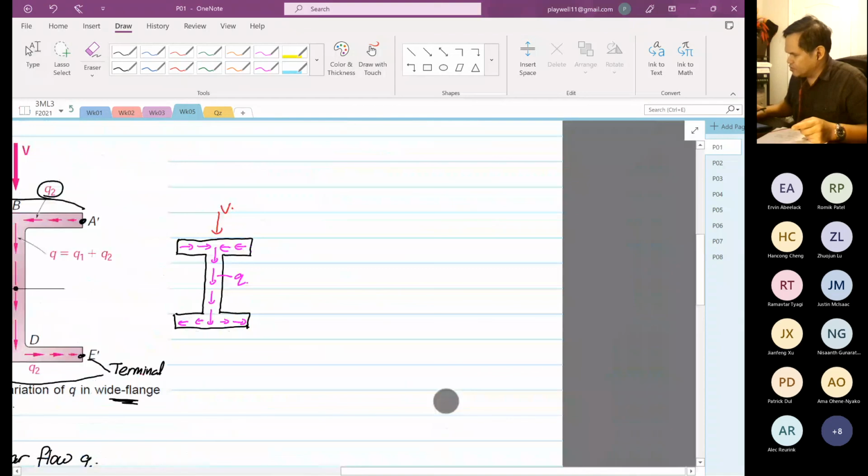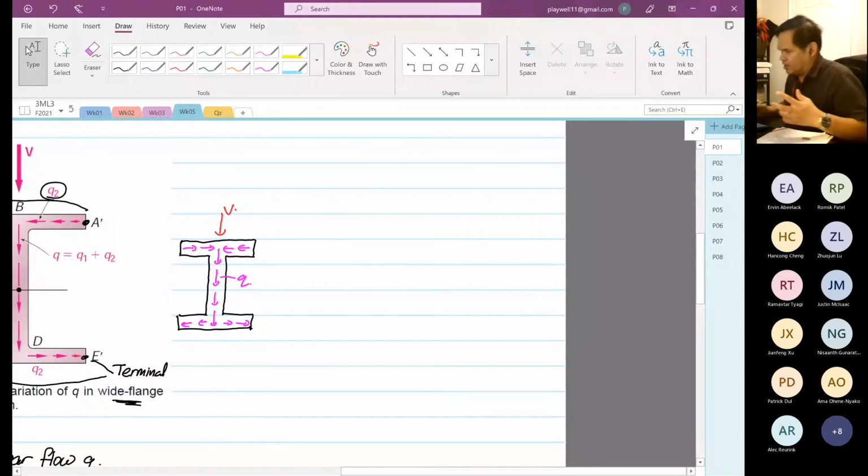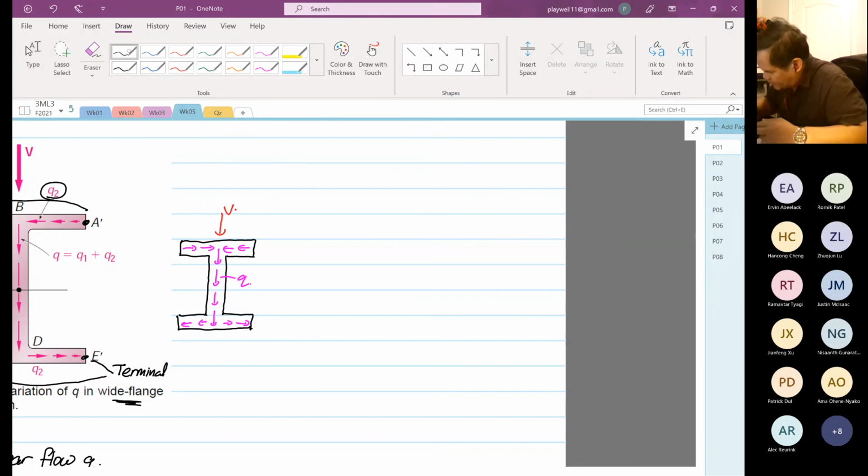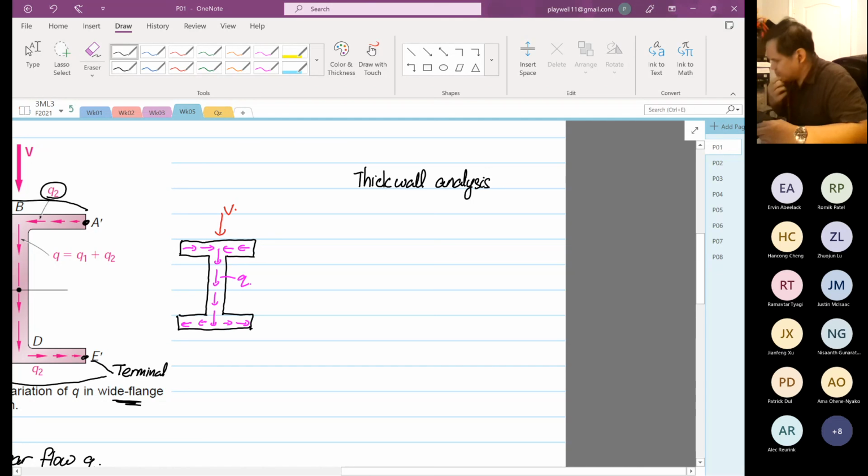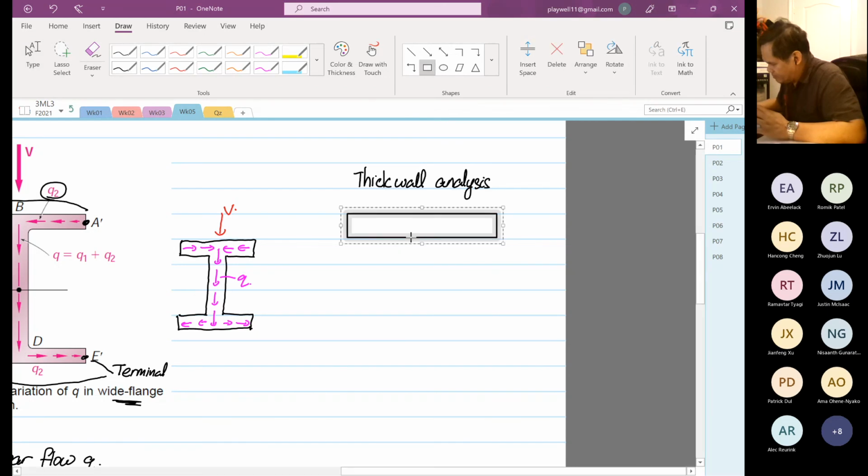Let's pick a common thick wall analysis. So we are going to do thick wall analysis now. For simplicity, I will take the I beam. Okay, let's look at the I beam, or T beam.